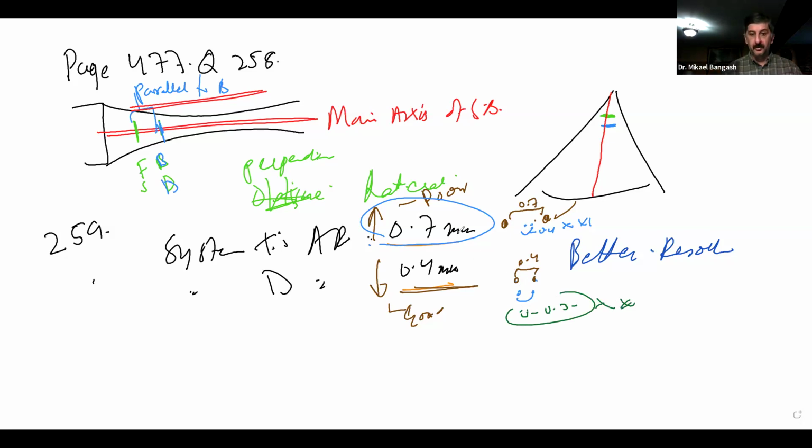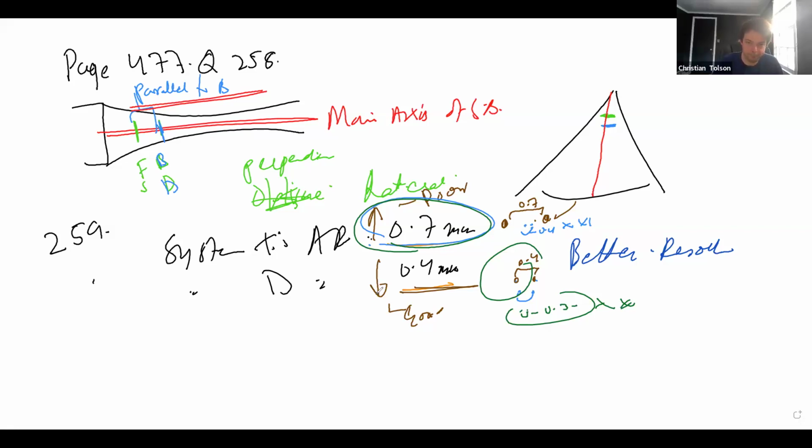But compared to this system here, this system still has a better resolution due to a lower numerical value. Did that make sense? Yeah. Okay.